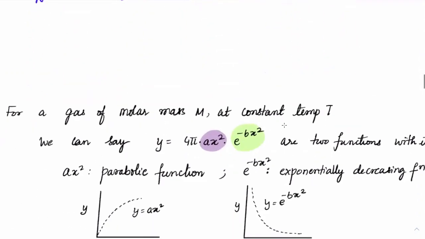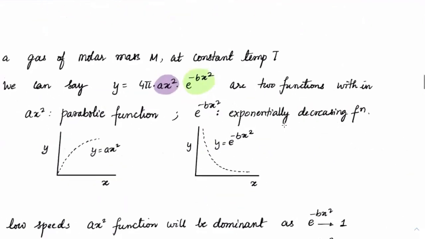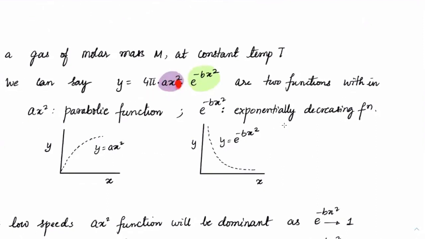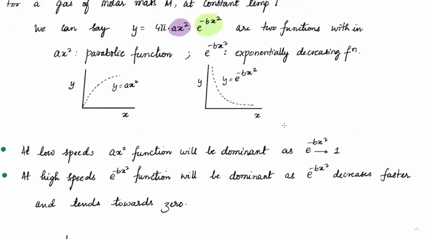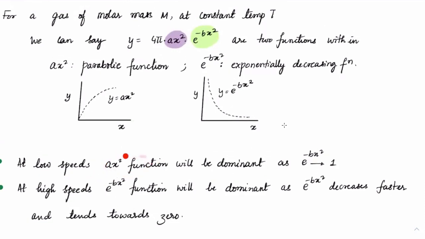Okay, suppose you see for molar mass m and constant temperature T, we can write this graph as 4 pi a x square into e raised to power of minus b x square. This part is a parabolic part, this part is an exponentially decreasing part. The parabolic part will go like this and the exponentially decreasing function will go like this. At low speeds, the parabolic function is always more dominant.